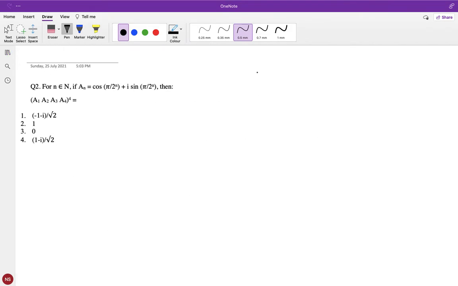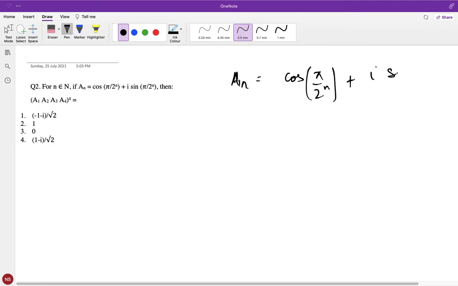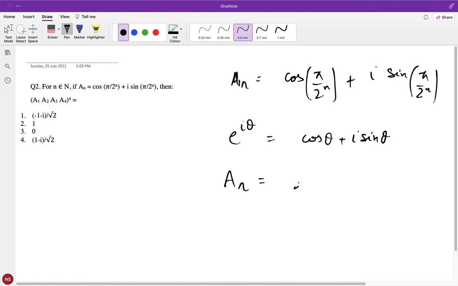Next question. This is a very standard problem. You don't have to think much on this either. I can use Euler's formula, e^(i theta) = cos theta + i sin theta. So a_n is written as (e^(i pi/2))^n.